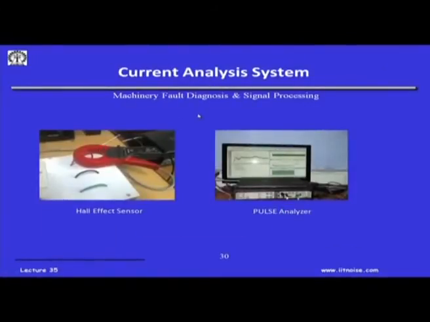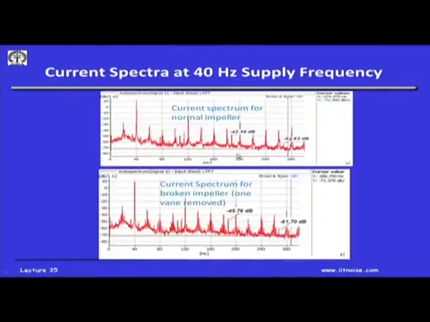We again drove this pump through a VFD drive, and we have this Hall effect sensor, which is used to measure the current, and then we have this analyzer system wherein you can see the current time history and the current spectrum. You see this at a 40 hertz supply frequency.